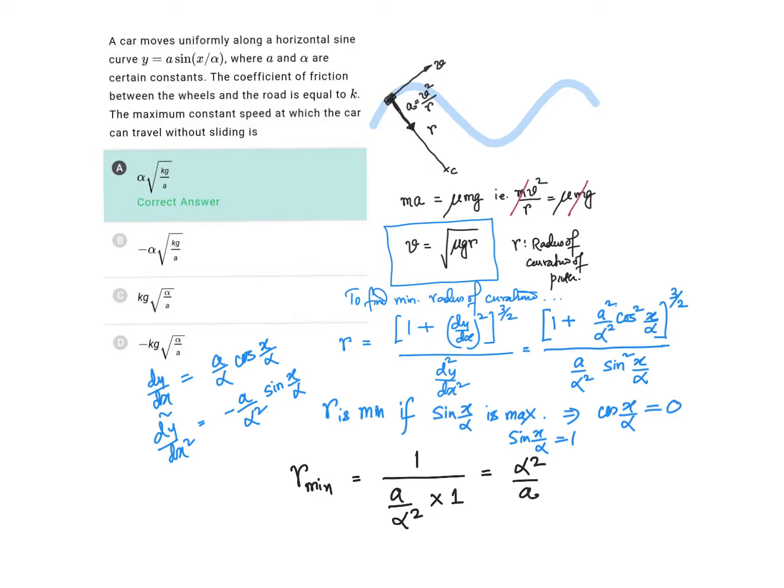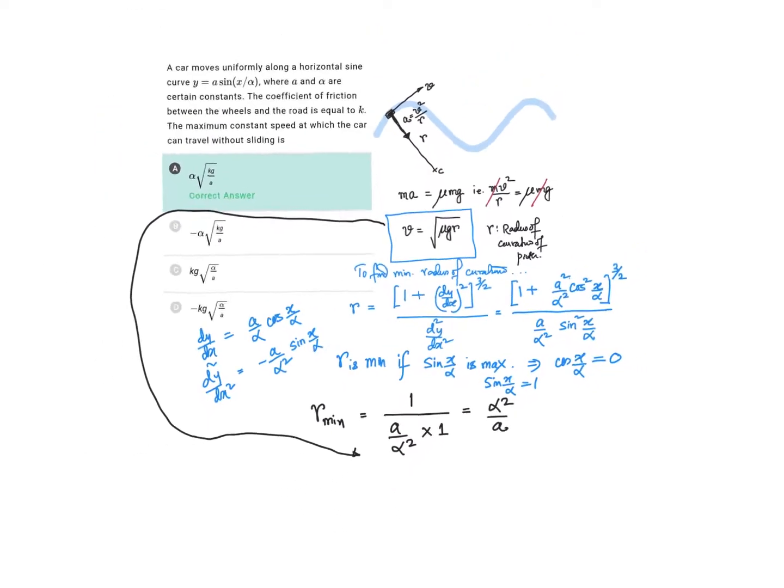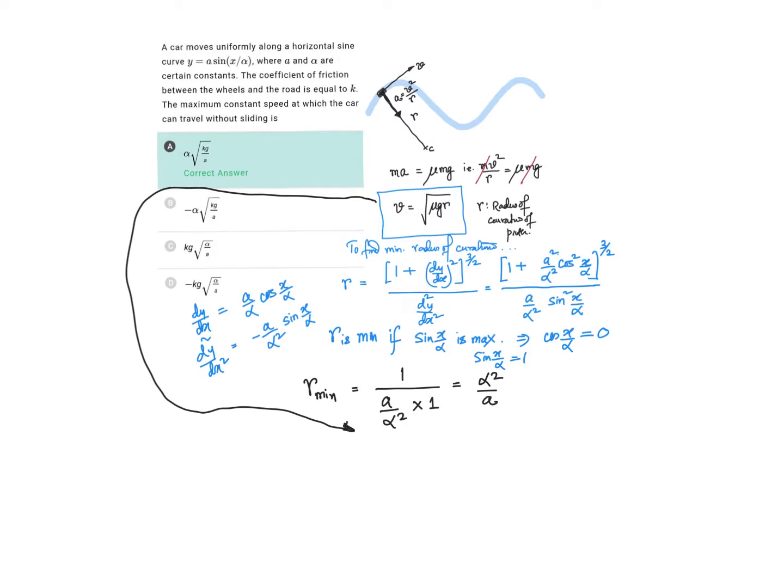Now let us go back to this expression for V. So here find out V. So therefore we can write V is equal to root over mu G into R minimum, that is alpha square by A. So that is alpha root over of mu G divided by A, where mu is the coefficient of friction.